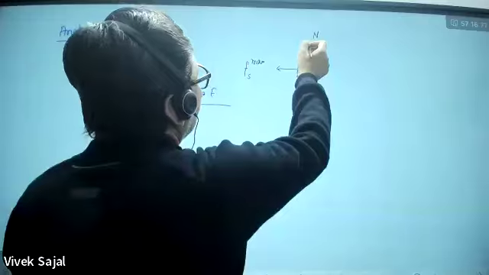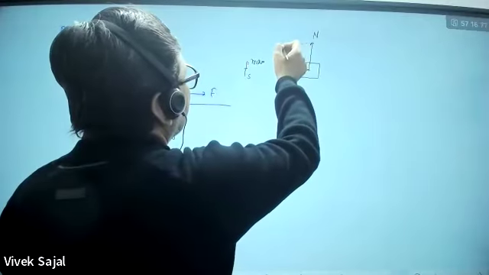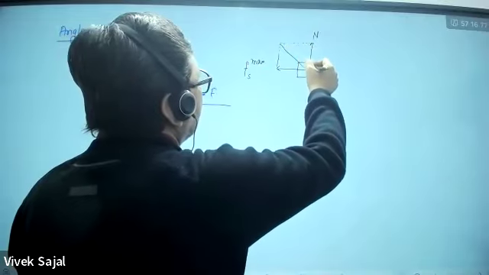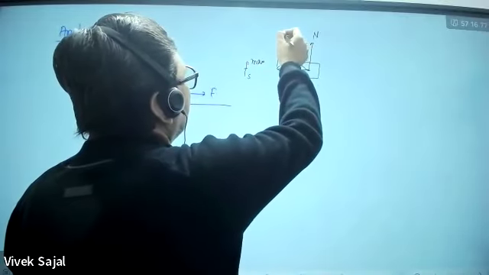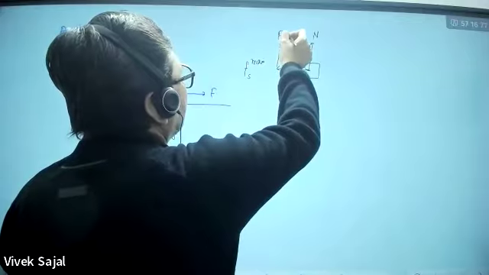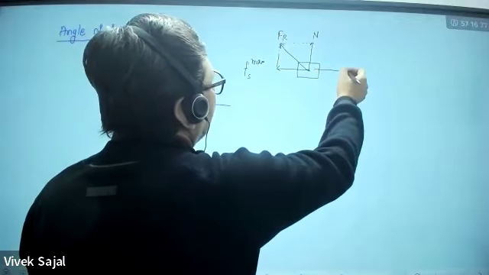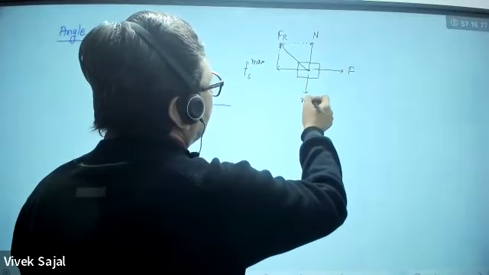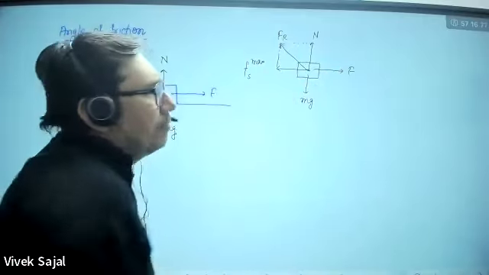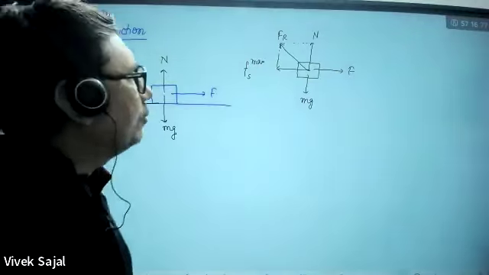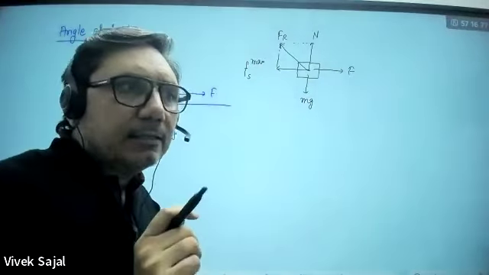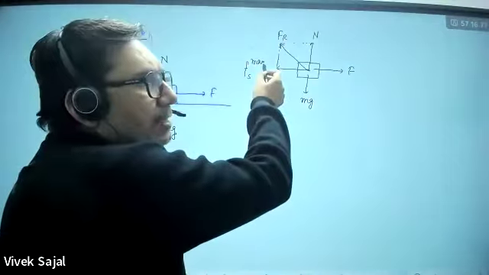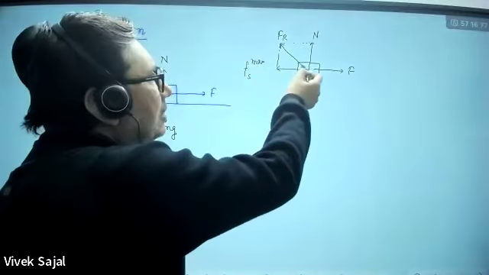So the resultant of the normal reaction and this Fs max is acting here. What is this Fr? Fr is the resultant of the normal reaction and the maximum value of static friction force.